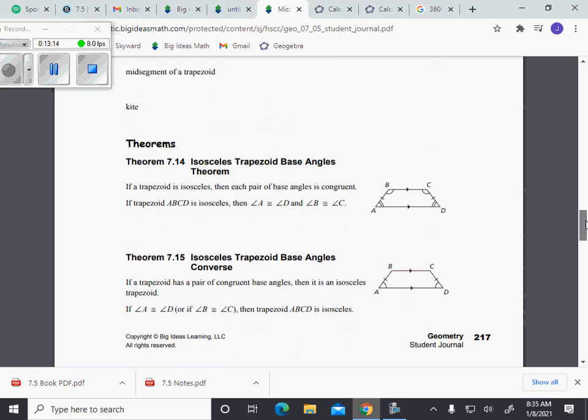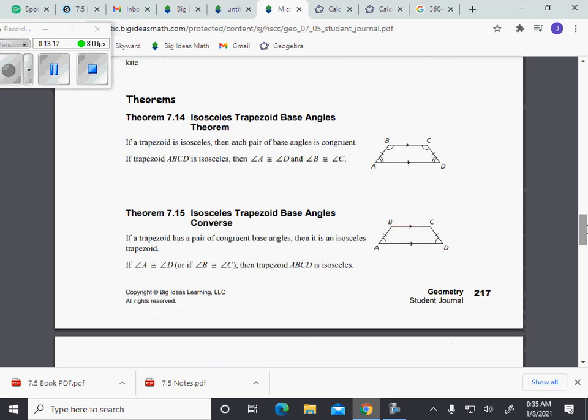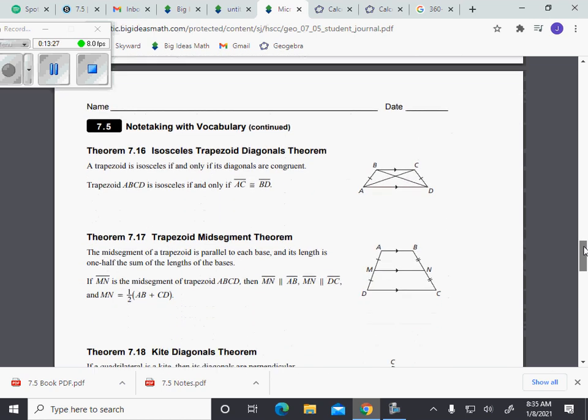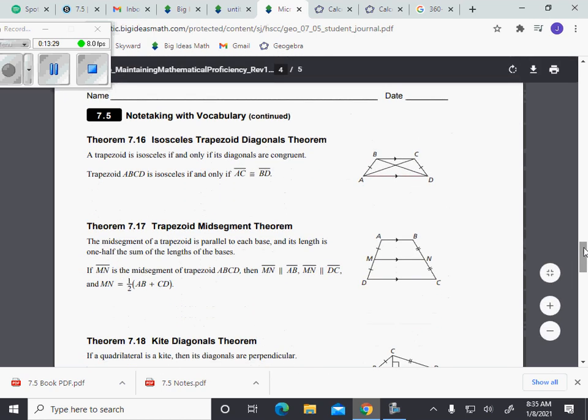We already did the notes. Some things we're looking at here: isosceles trapezoid base angles. We talked about that a lot in the first part. Converse: a trapezoid is isosceles if and only if its diagonals are congruent.